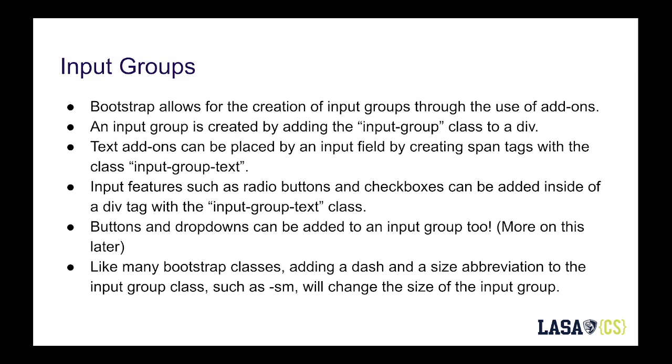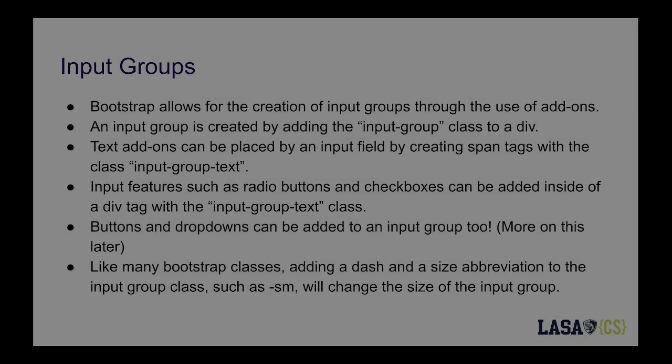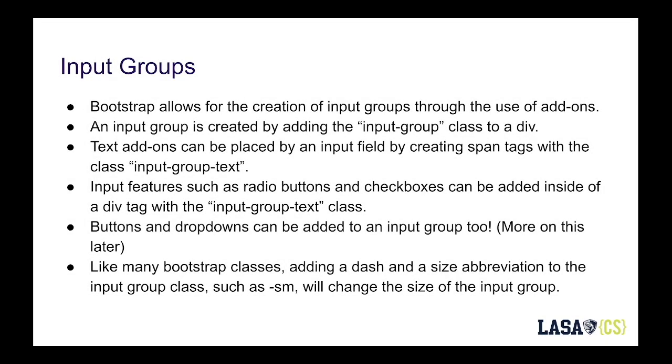So that would be just like these add-ons in the second example. Input features such as radio buttons and checkboxes can also be added to an add-on with the div tag input-group-text. Buttons and dropdowns can be added to an input group as well, but there will be more on making buttons and dropdowns later.